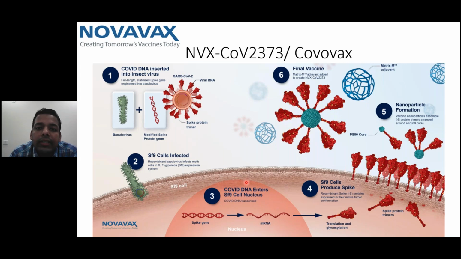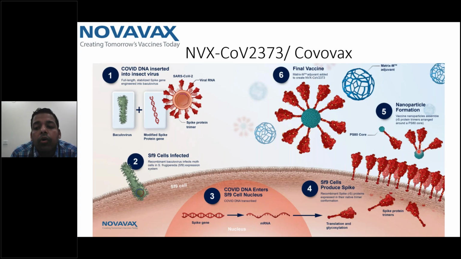Now inside these moth cells, the baculovirus released the COVID genome, and the spike gene was then formed. So the spike protein is expressed on the surface of these moth cells, and from the surface of these moth cells, these spike proteins are harvested.